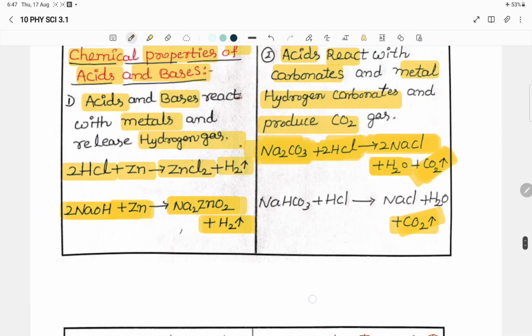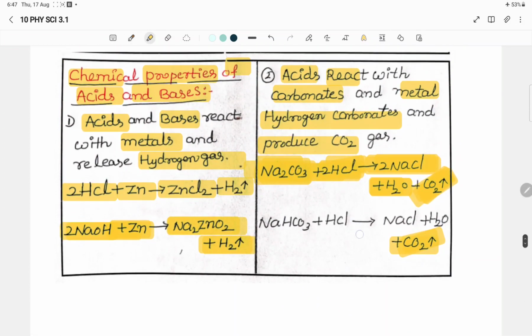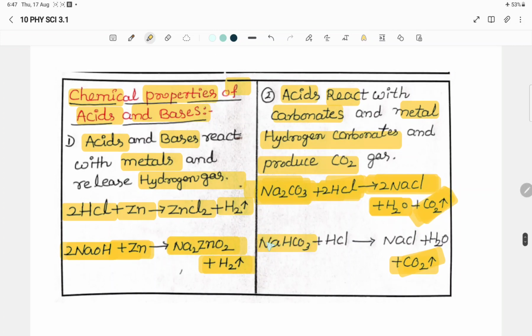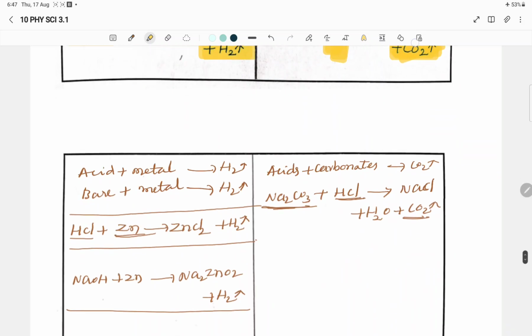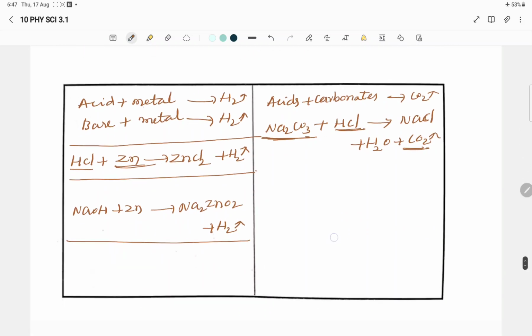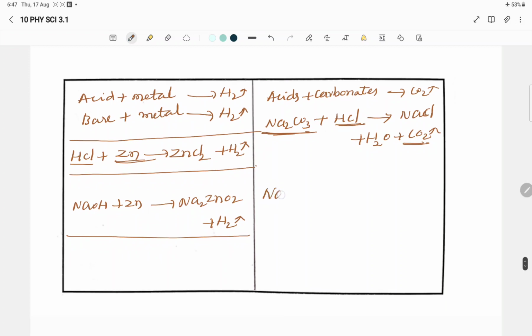Next example, NaHCO3, sodium hydrogen carbonate, or sodium bicarbonate. Two names are there. Sodium hydrogen carbonate or sodium bicarbonate reacts with acid HCl, hydrochloric acid. Here also carbon dioxide gas will be released, along with common salt and water.